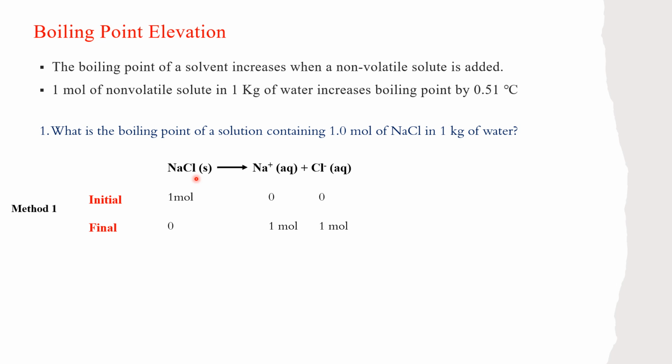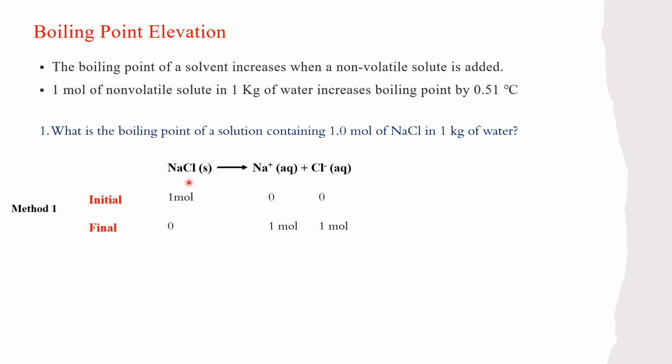With the knowledge of ionic compounds, we all know sodium chloride is an ionic solid. When it dissolves in water, sodium chloride breaks into a sodium plus ion and a chloride minus ion. Initially we have NaCl, 1 mole, and we don't have any ions present.